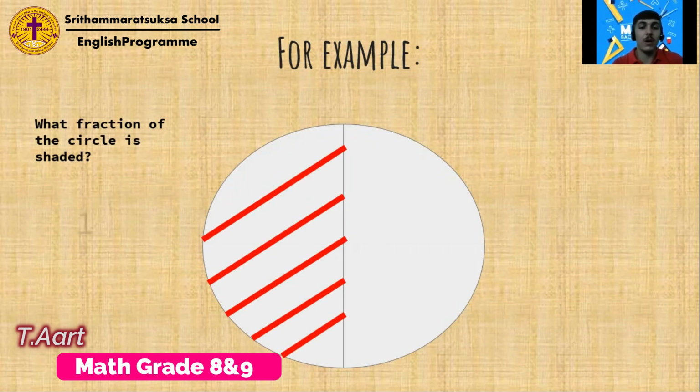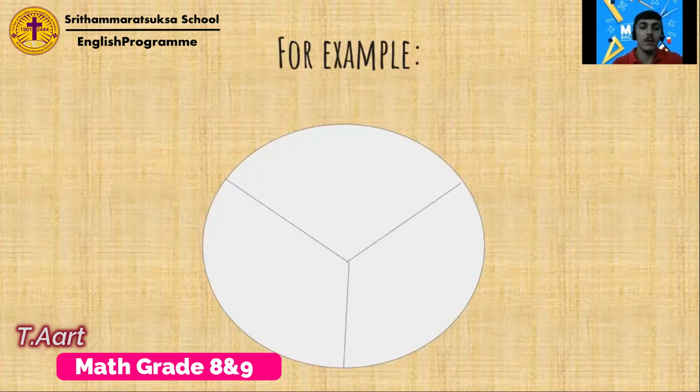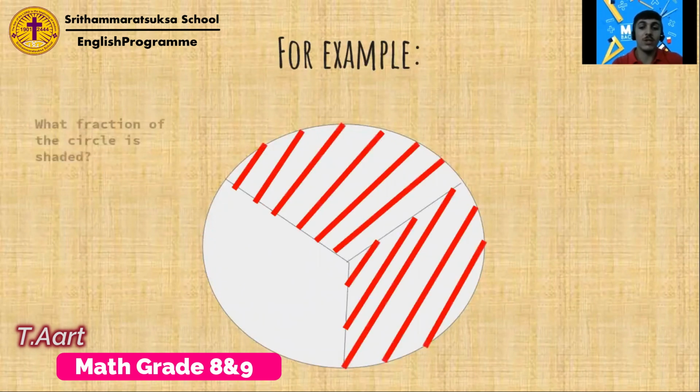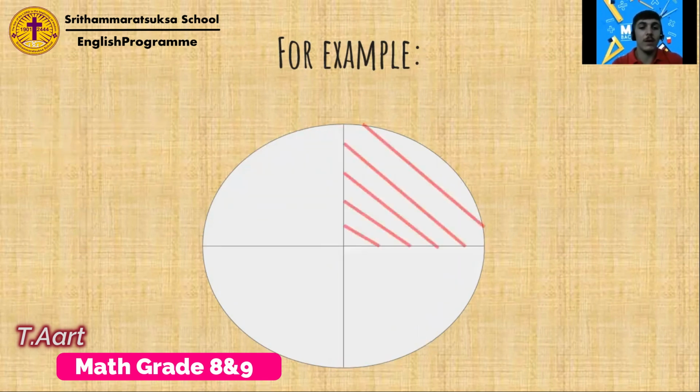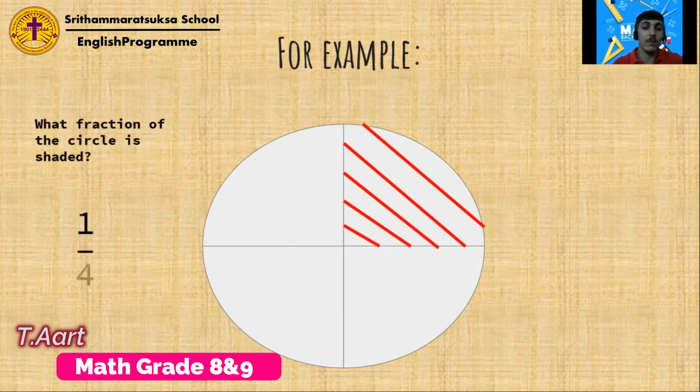It's 1 out of the 2 parts, right? And over here, what fraction is shaded? 2 out of the total of 3 parts. And over here, what fraction of the circle is shaded? 1 out of the total of 4 parts.